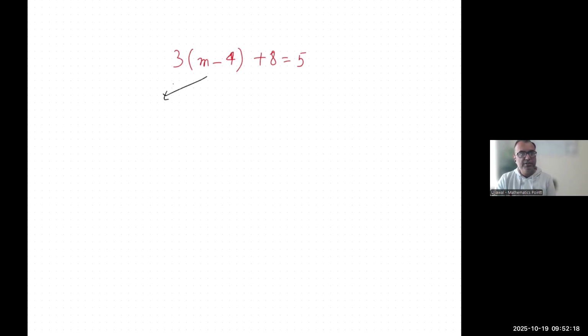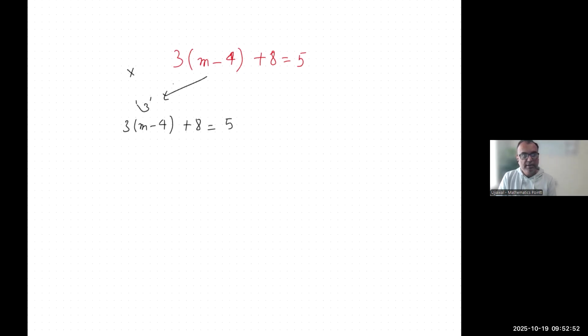Let's try to get rid of the 3 first. Let's see what happens. I have this expression, and that is where linear equations are tricky, I tell you. I'm rewriting the expression. This 3 is multiplying. It's a multiply operation. I have to divide it. How do you do the divisions?